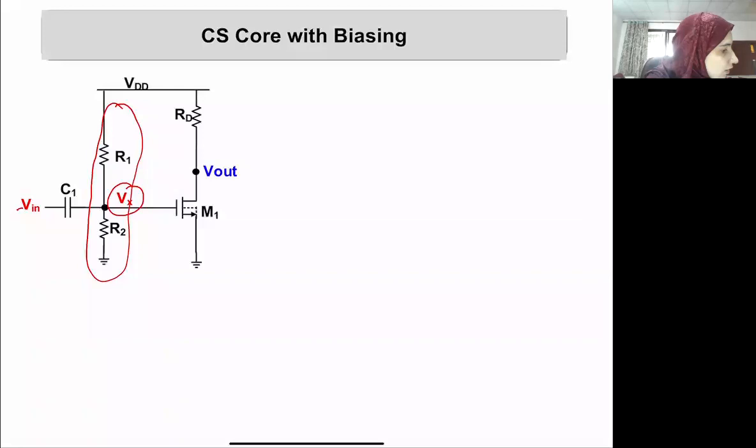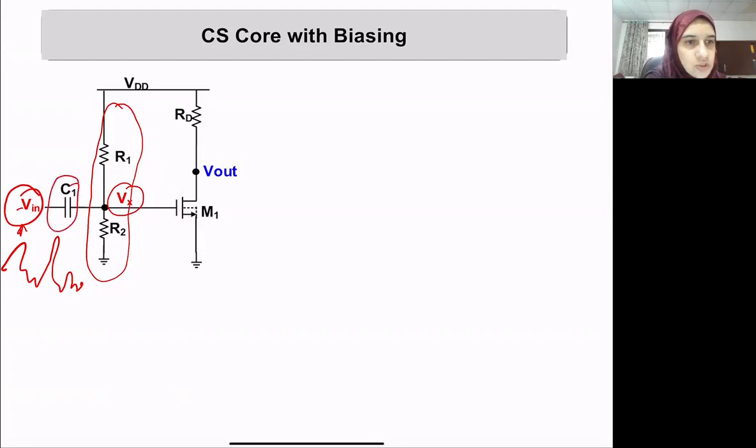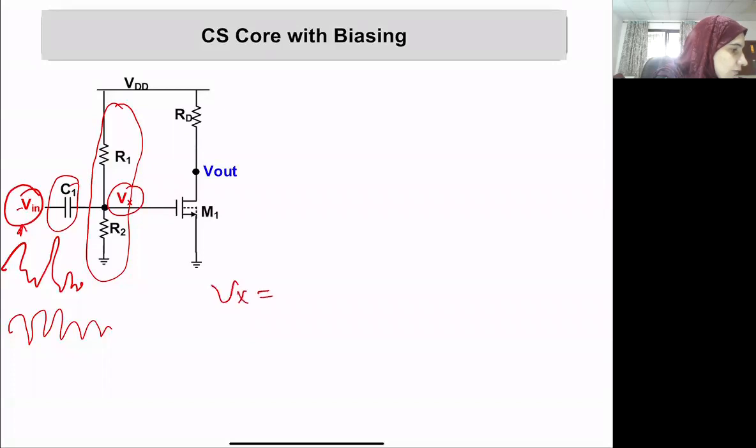Whatever the V input is, it may have any DC voltage different from the Vx, so we prevent this input DC voltage from coming to the amplifier using this capacitor, which acts like an open circuit for any DC voltage and only lets the AC component of this voltage through to the amplifier. So the Vx here will be given by R2 over R1 plus R2 times VDD. It's like a voltage divider.